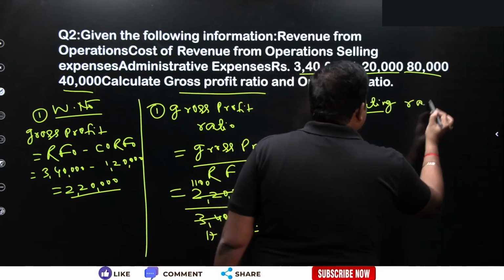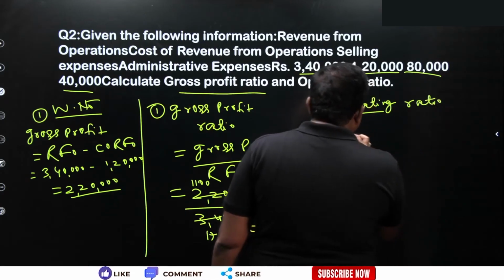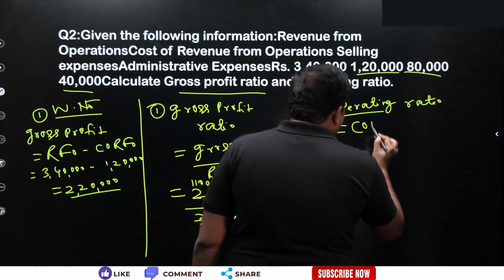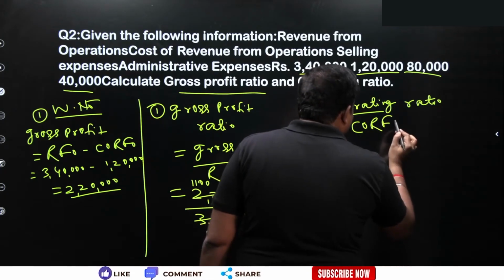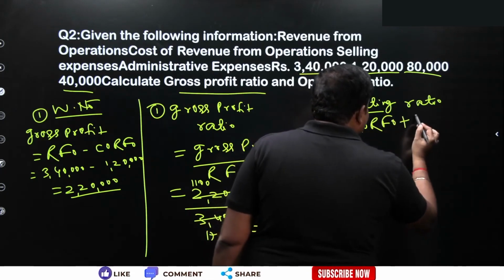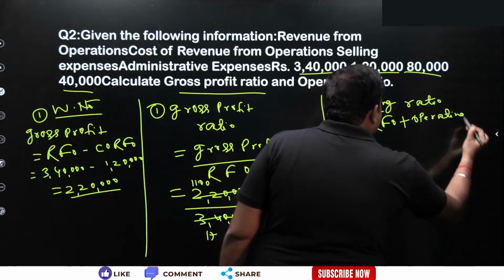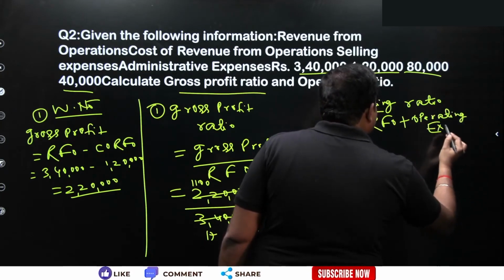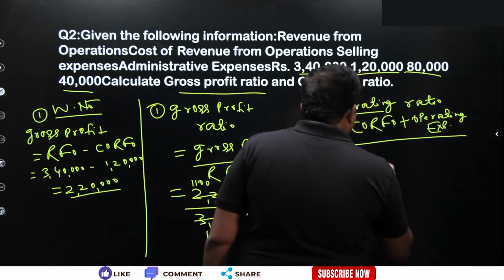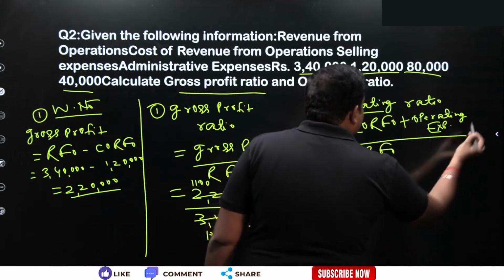Operating ratio we need to calculate here. So again the same formula needs to be applied. हमने जो पिछले वाले क्वेश्चन में करा था, cost of revenue from operation plus operating expenses upon revenue from operation into 100.